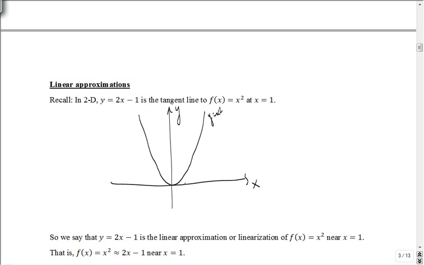And then at the point where x equals 1, there is a tangent line here. So this tangent line, when you calculate it, it's y equals 2x minus 1.